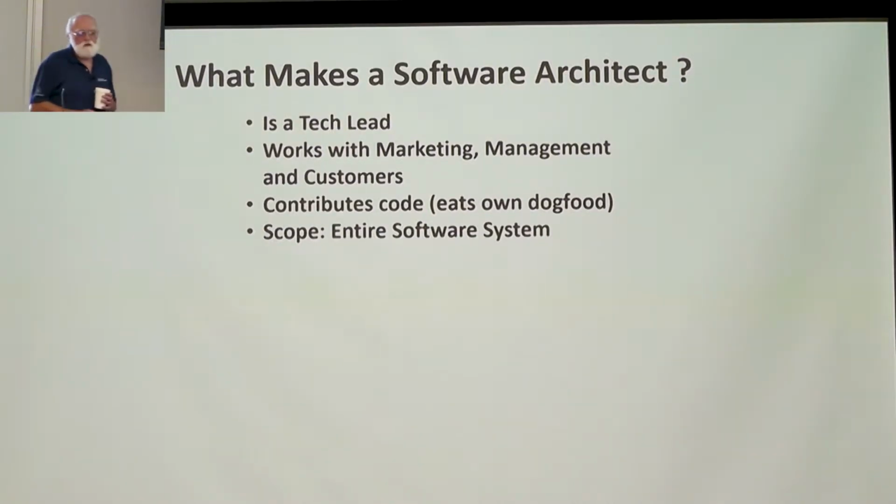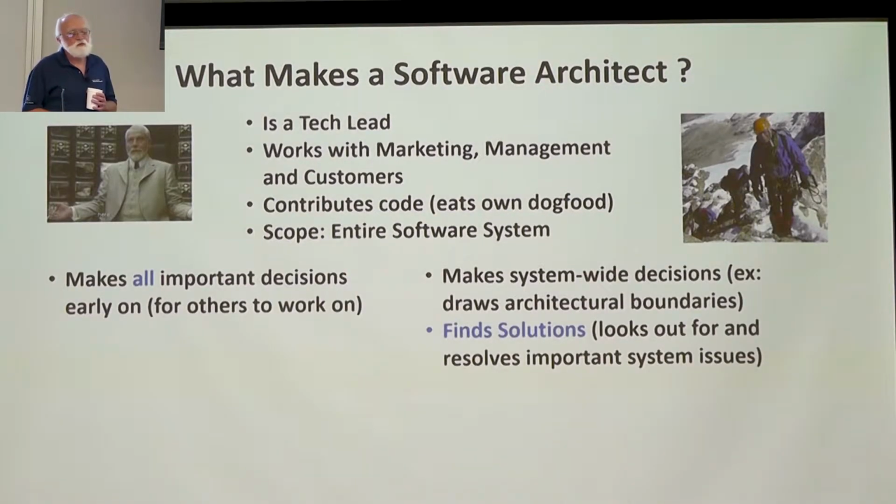Good. Now there are 2 archetypes of software architects. The first one is depicted by the architect from the Matrix Reloaded. And these guys, this type of guys, they make all important decisions on the project, and they need to make them early on so that they can hand off the work to the team members.